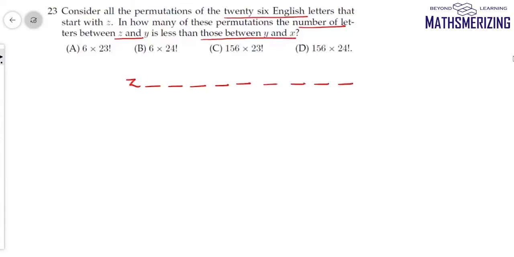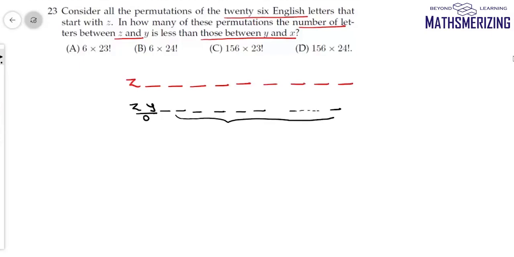Now the first scenario can be when Y is placed next to Z. In this case, the number of letters between Y and Z is simply 0. So that means between Y and X, there should be at least one letter. So X can take any one position starting from this first one, and it goes all the way up to the last one.